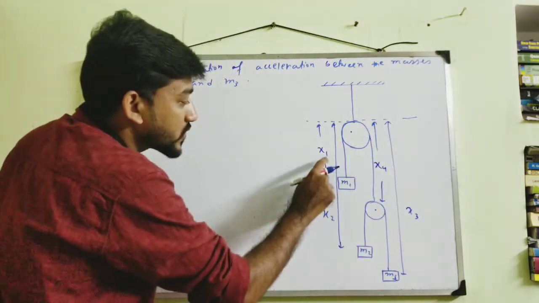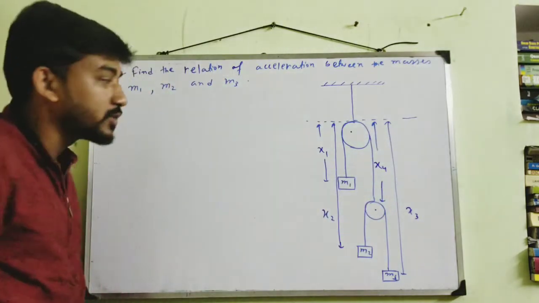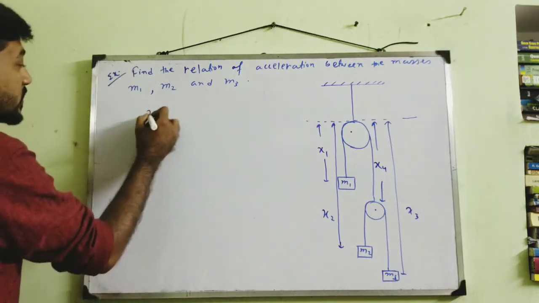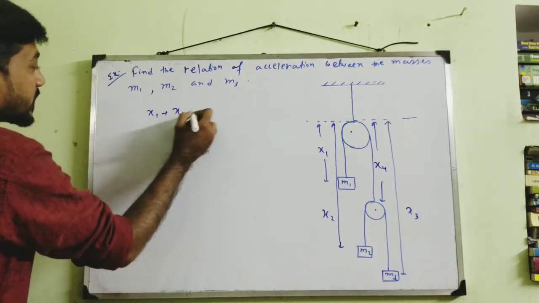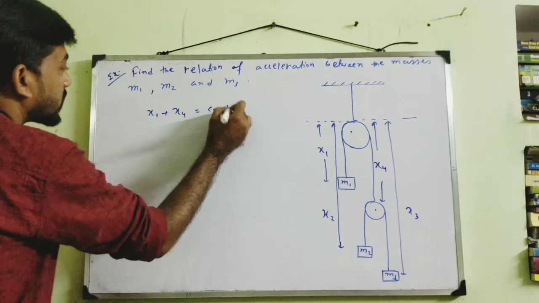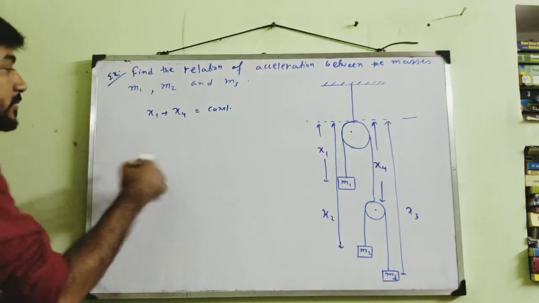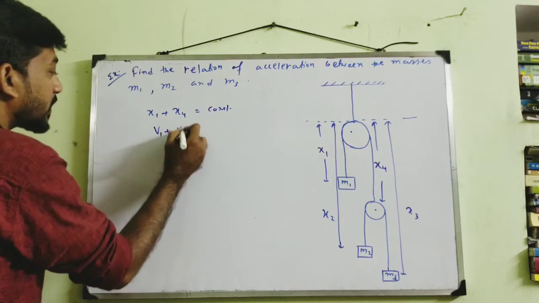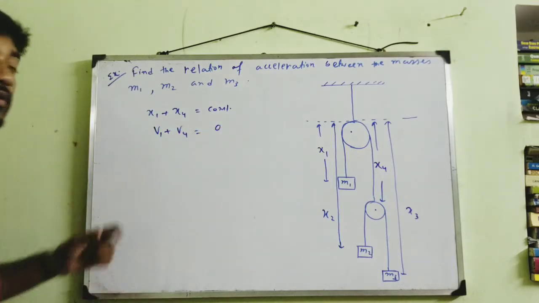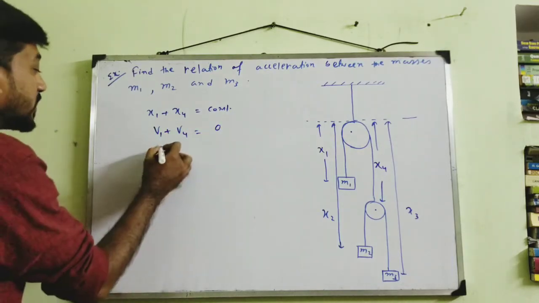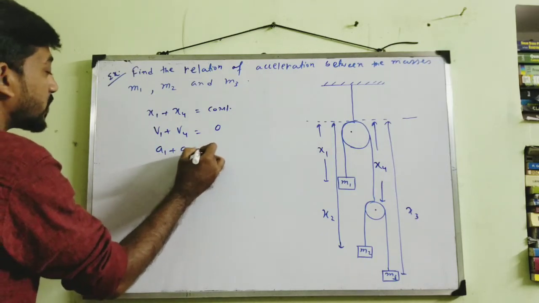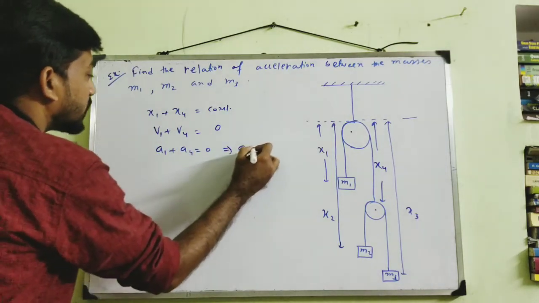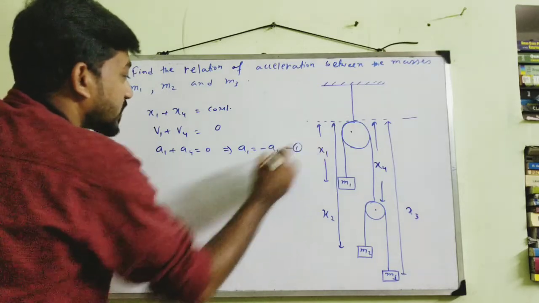So x1 plus x4 equals constant. Taking the derivative with respect to t, we get v1 plus v4 equals 0, and taking the derivative again, we get a1 plus a4 equals 0, which implies that a4 equals minus a1. This is our relation 1.